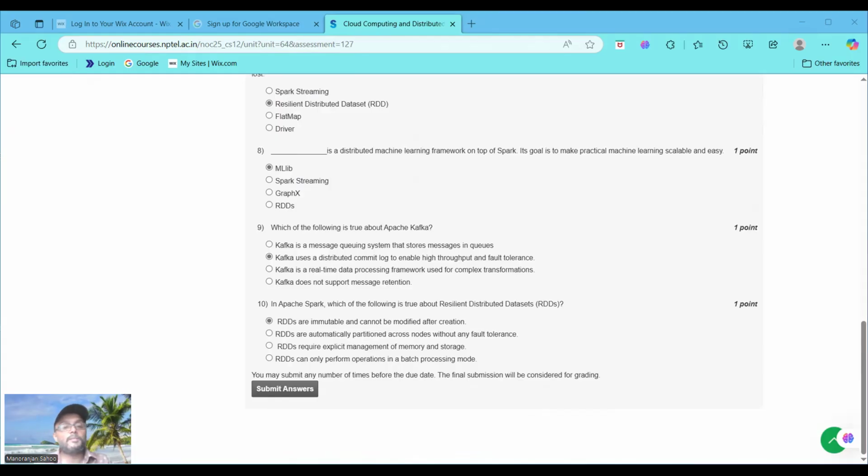Option C is incorrect because Spark manages memory and storage automatically. Option D is incorrect because RDDs support batch and streaming real-time processing. So we choose option A, that RDDs are immutable and cannot be modified after creation.